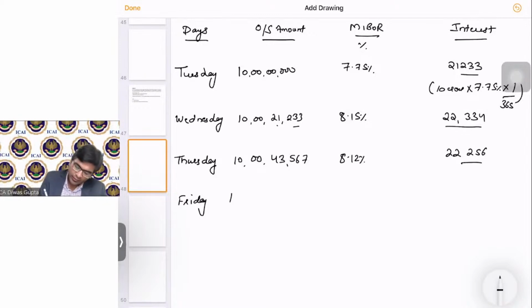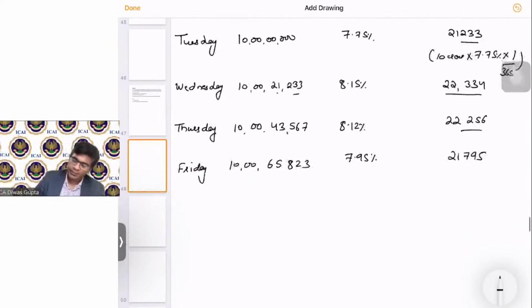So that will become 10 crore 65,823. 7.95 percentage is the MIBOR on Friday. That takes 21,795 as the amount of interest for Friday. Then let's keep Saturday and Sunday.